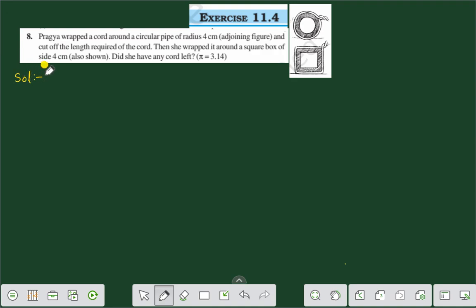Suppose the radius is given as 4 centimeter, right?